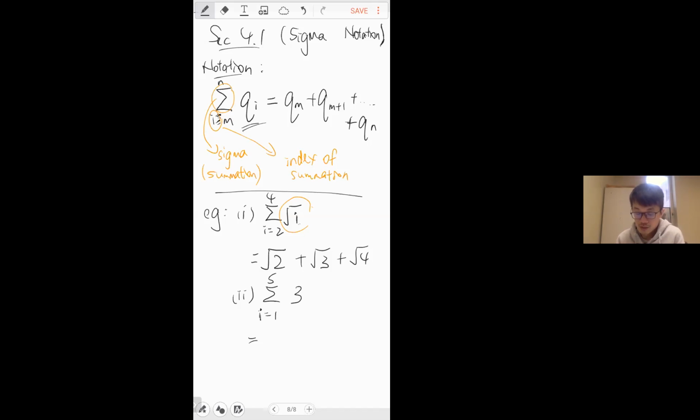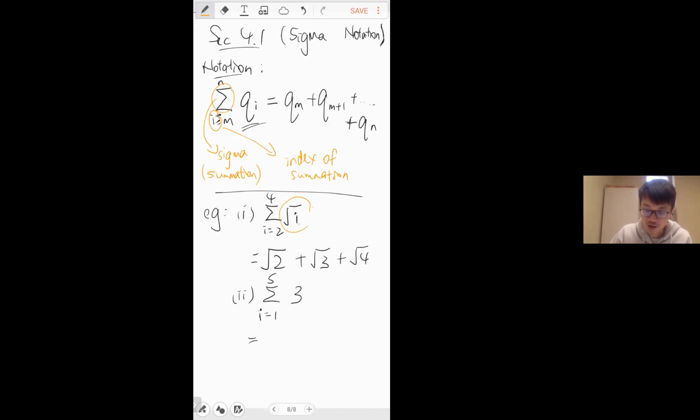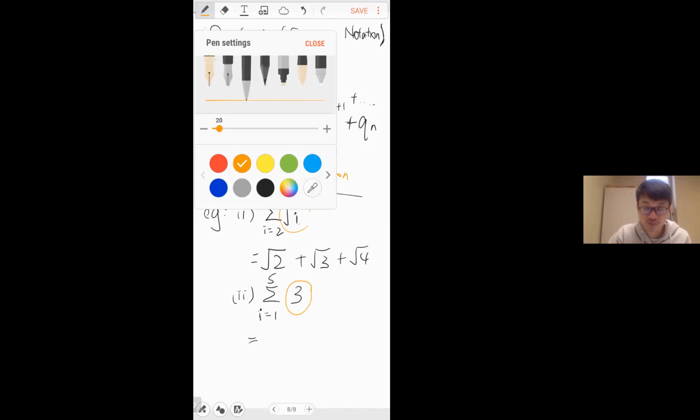Second example, sigma of 3, and then i goes from 1 to 5. So when i equals 1, the number you get is, does it change at all? No. So this thing right here doesn't depend on the index.